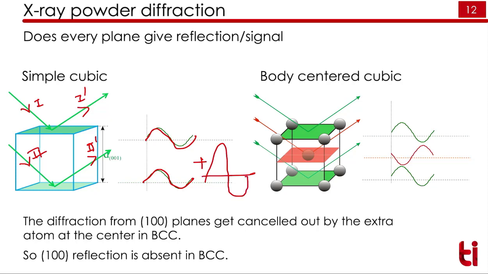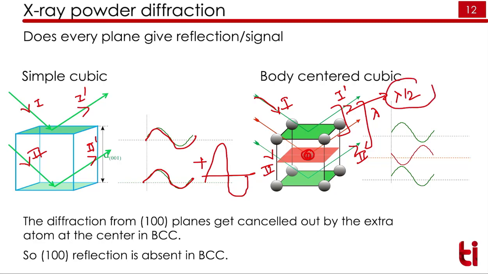For example, now if we add an extra atom at the center, this extra atom has a path difference of exactly lambda by 2, because if ray 1 and ray 2 have a path difference of lambda, and you put an additional atom exactly at the center, these two will have a path difference of lambda by 2, and since this is not an integral multiple, they will cancel each other out, and that is schematically shown here.